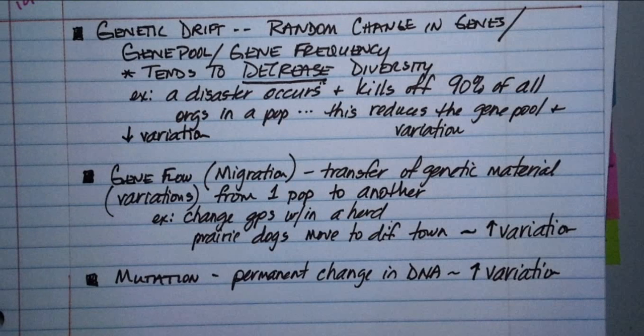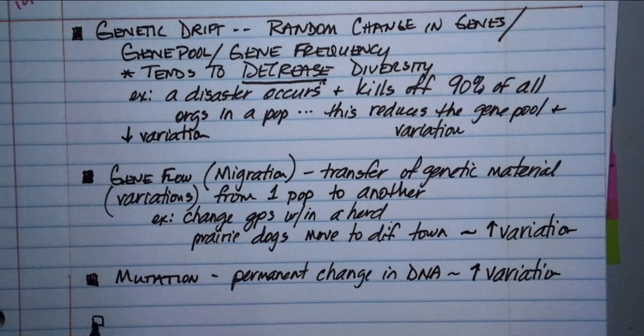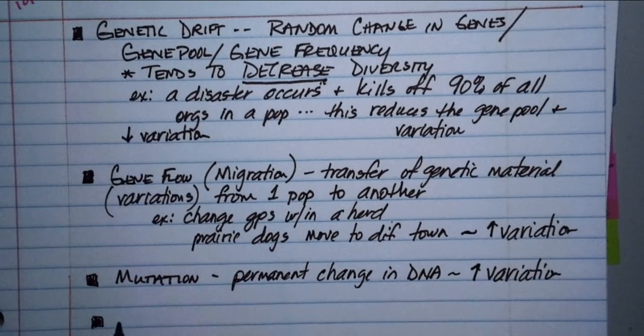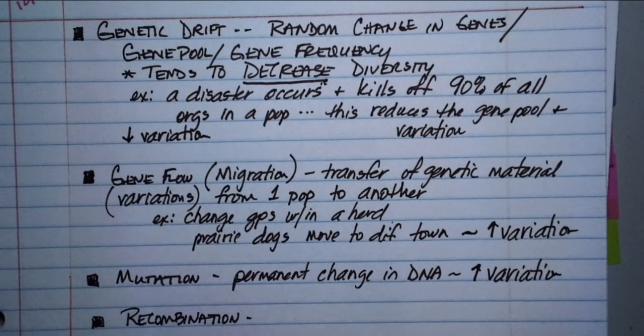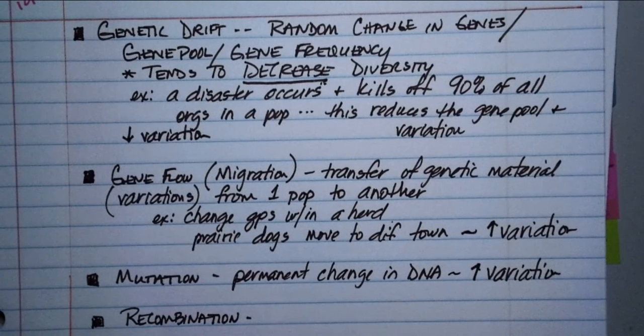Okay, the fourth and last one is recombination. We talked about this a little bit too. When you have the formation of sex cells, they can create new combinations. So not every single sperm cell from a person has the exact same combination of chromosomes in it. Okay? So it's all got one of the number ones, one of the number twos, and so on.